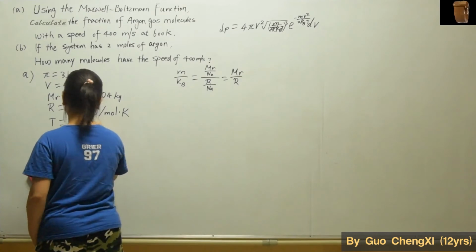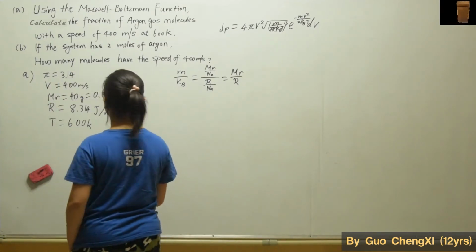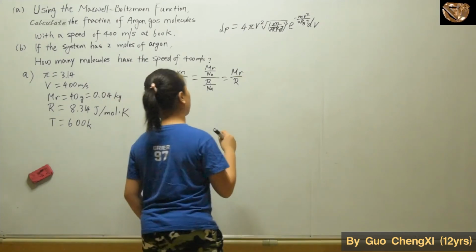T is 600 Kelvin. Reminder not to put Celsius or else you'll have to convert, but we are not going to convert.